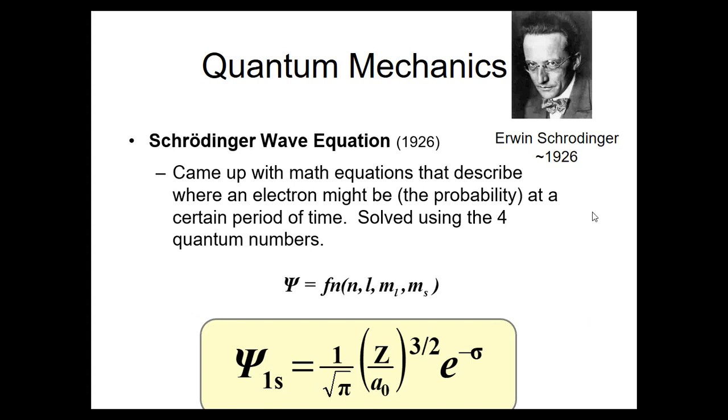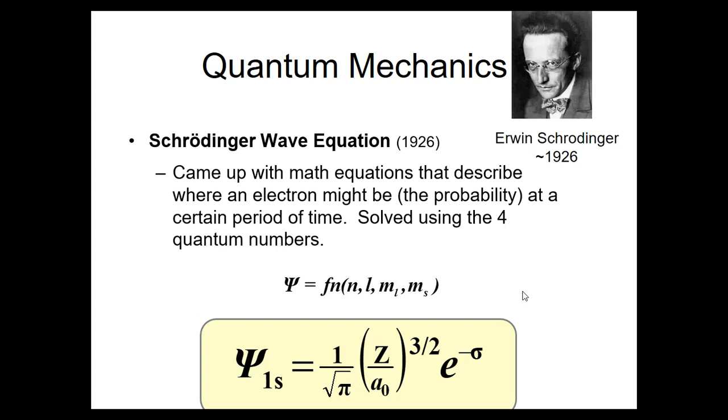One thing I do want to point out here is that in math class, not algebra, but in calculus, you will be working with functions of different variables. Here we have an equation that's a function of actually 4 variables. In algebra, you usually have your y is dependent on your x.